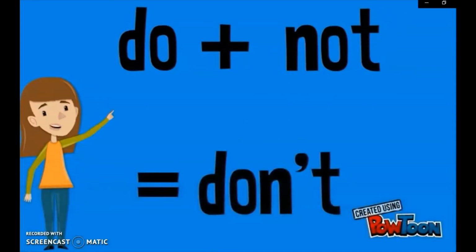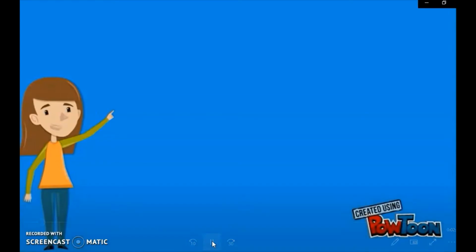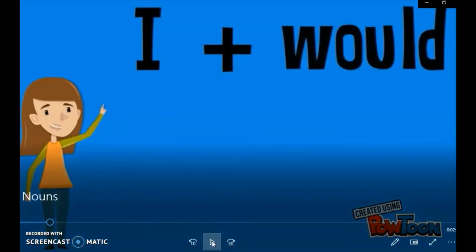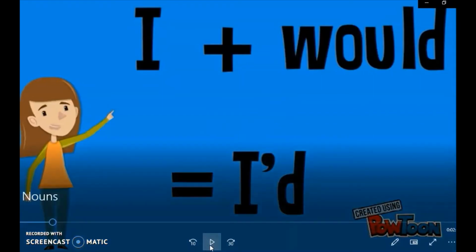So the word becomes don't. It's a shorter version, and it means the same thing. Don't means do not. Here's another example. We have the word I and would. So I would, and we can shorten this, put the I, my friend apostrophe, and the D, and it becomes I'd, which still means I would.